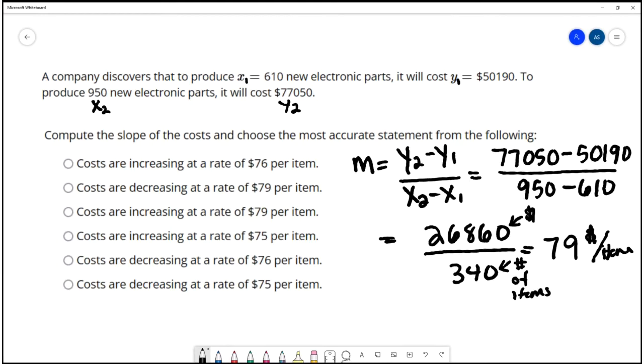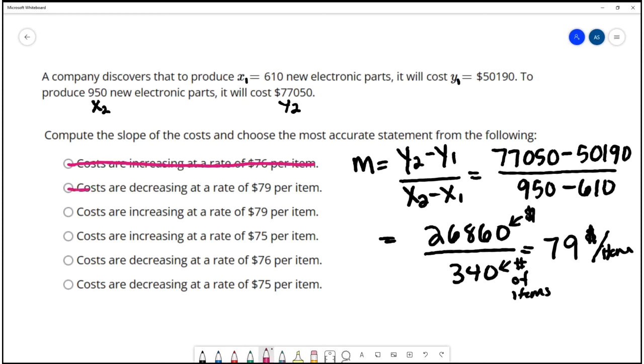So let's read these statements. The first is costs are increasing at a rate of $76 per item. So this one has the wrong slope. Costs are decreasing at a rate of $79 per item. Our slope is positive, so it's an increasing rate.